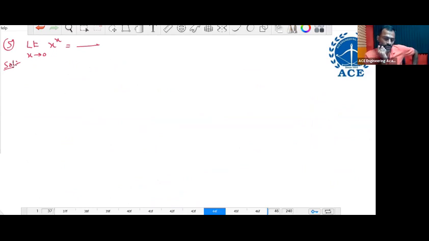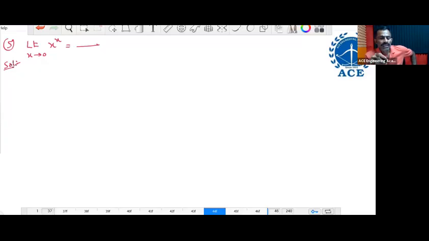No modulus, no step, no condition for x. So no modulus, therefore it is not the LHL equal to RHL method. That is, we cannot do this by the LHL equal to RHL definition method.